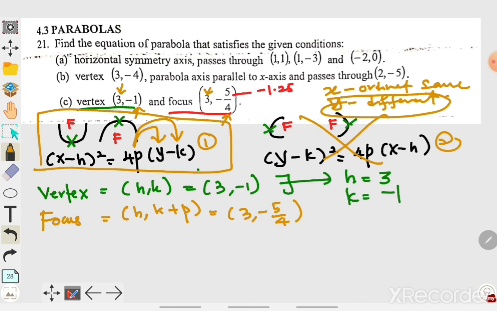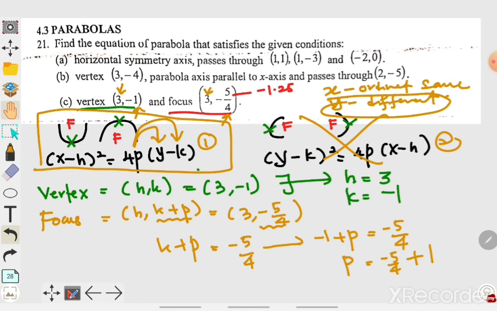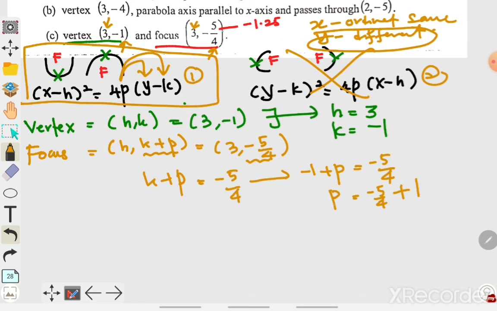So we can say that k plus p equals negative 5 over 4. But k equals negative 1. So negative 1 plus p equals negative 5 over 4. Therefore, p equals negative 5 over 4 plus 1, so p equals negative 1 over 4. Can you see?